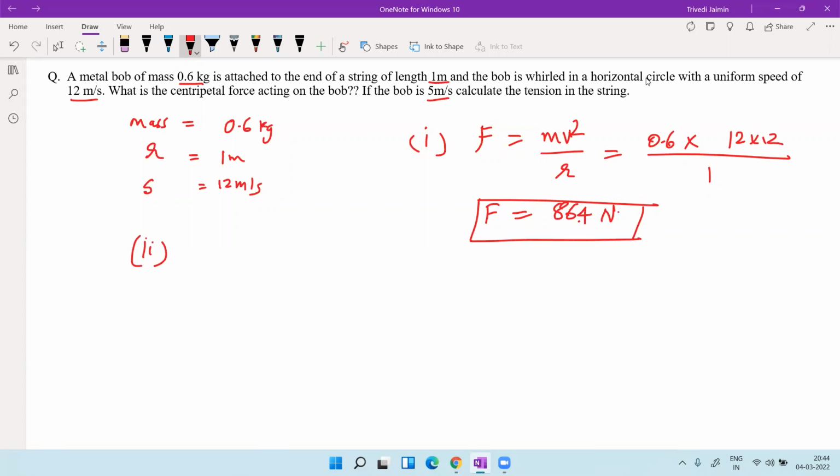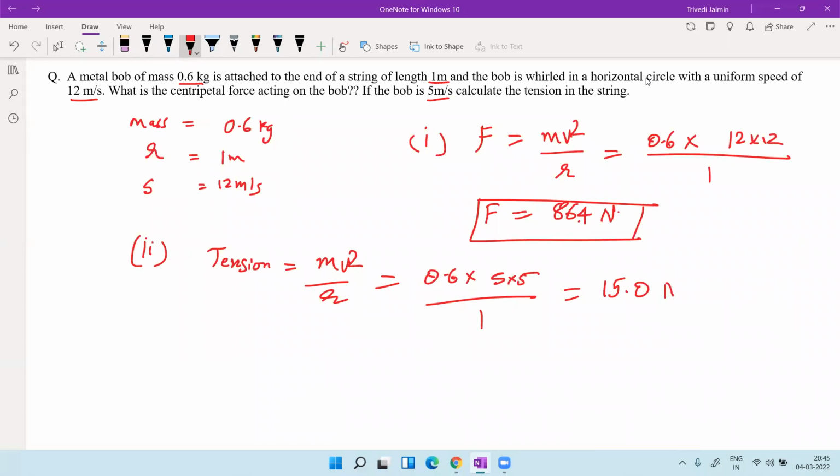Now, the second part: tension in the string. Tension means it is a force, in newtons. Same way, mv squared by r. So 0.6 into 5 into 5, then 1. 25 into 6, 150. 15 Newton.